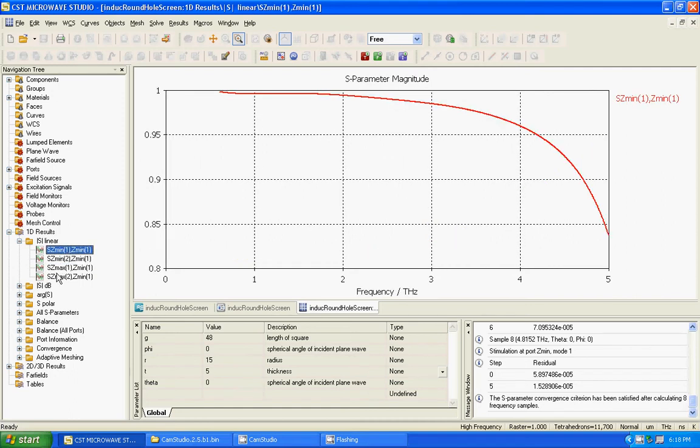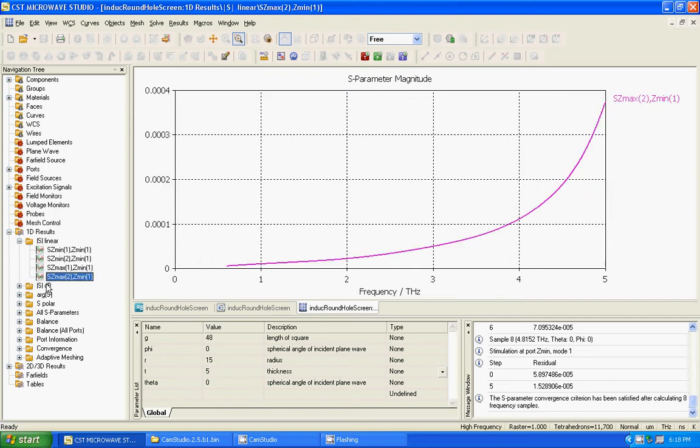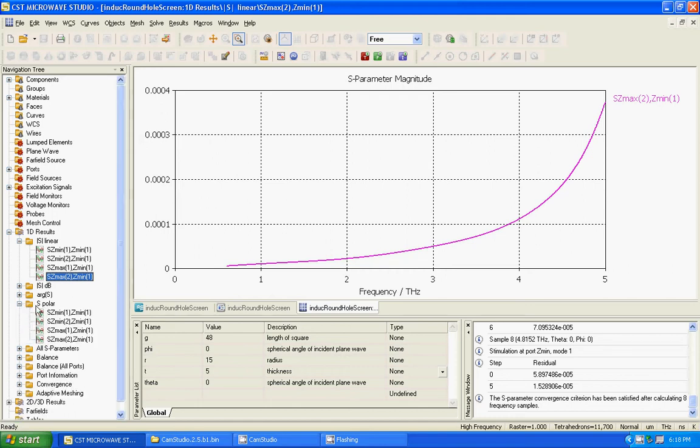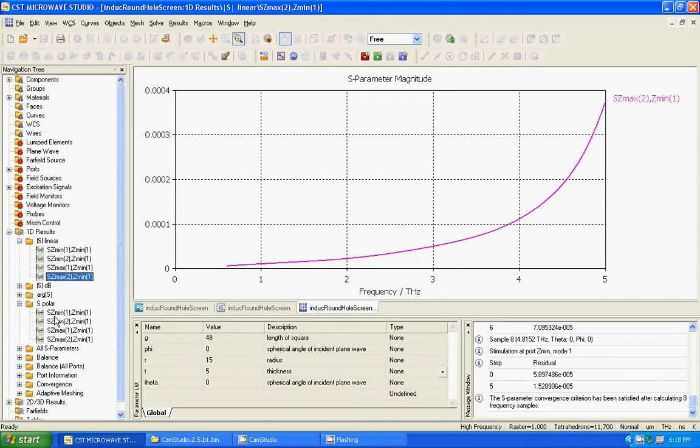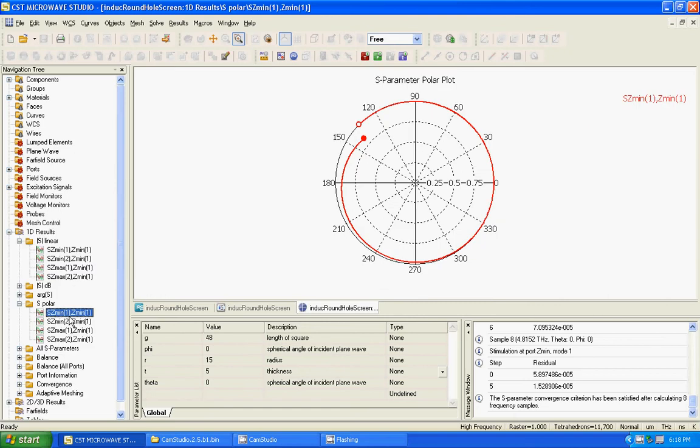You actually want to export the polar complex form. So open up polar over here and go to the same thing, Z-min, 1, 1, and Z-max, Z-min, 1, 1.